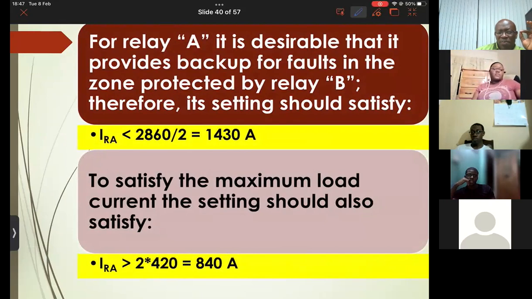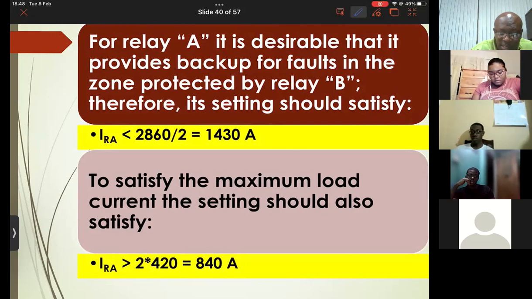So it must provide backup for faults in the zone protected by B. It's not going to override B, you know. But it will back up B. So it's setting. Remember we spoke about minimum fault current.